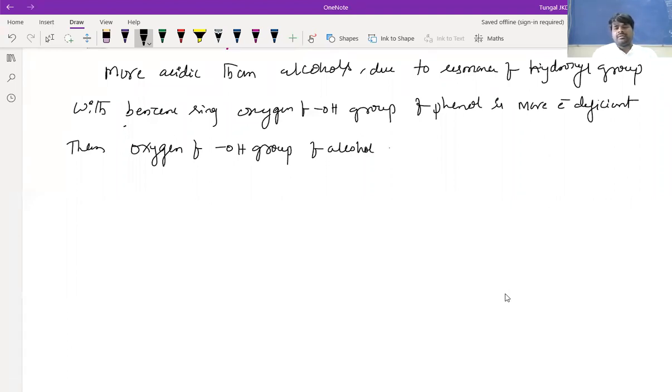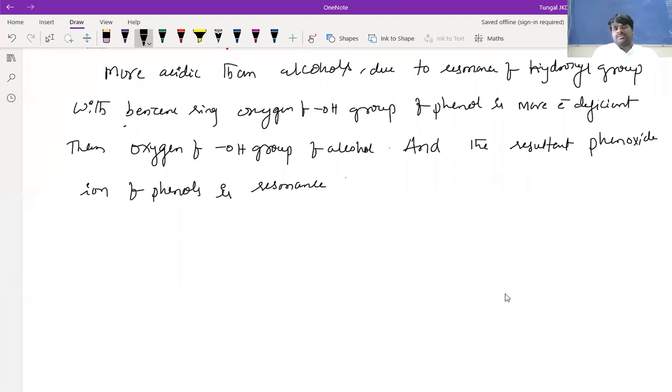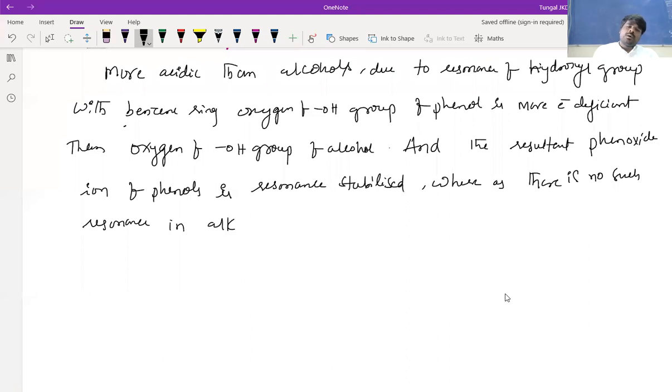And the resultant phenoxide ion of phenols is resonance stabilized, whereas there is no such resonance in the alkoxide of alcohol.